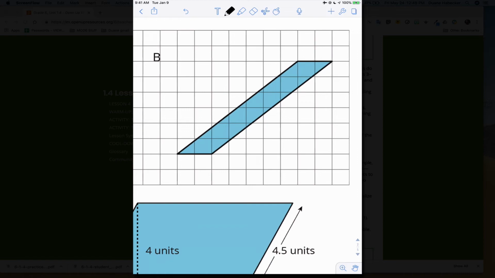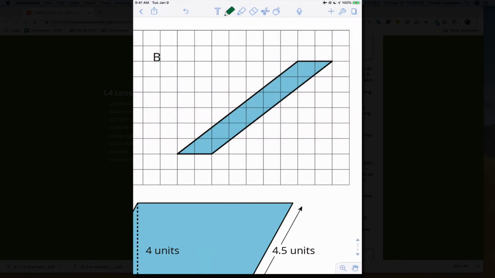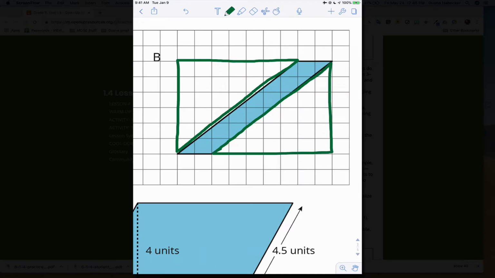B is wonderful. This is kind of really sneaky and tricky. I don't know if it's common, but the way I would approach it, maybe, is I see that if I take a look at this triangle right here, the part that is not part of the parallelogram, and then I look at the same kind of triangle here on the opposite side. There we go.